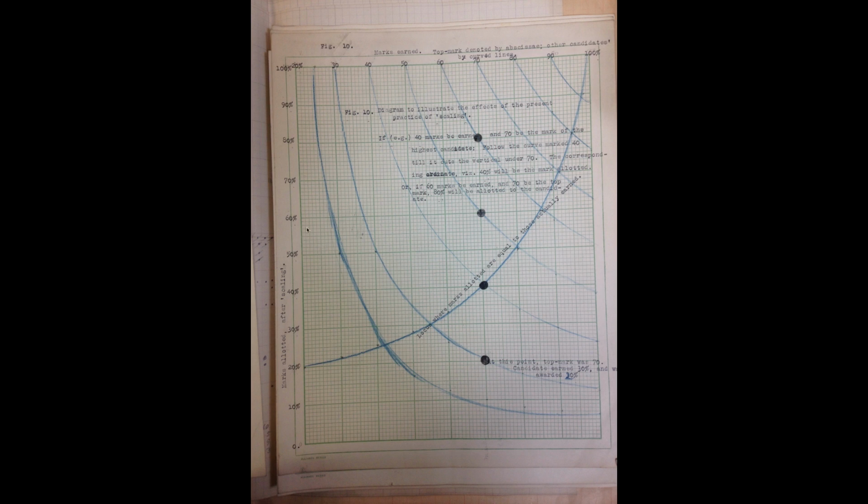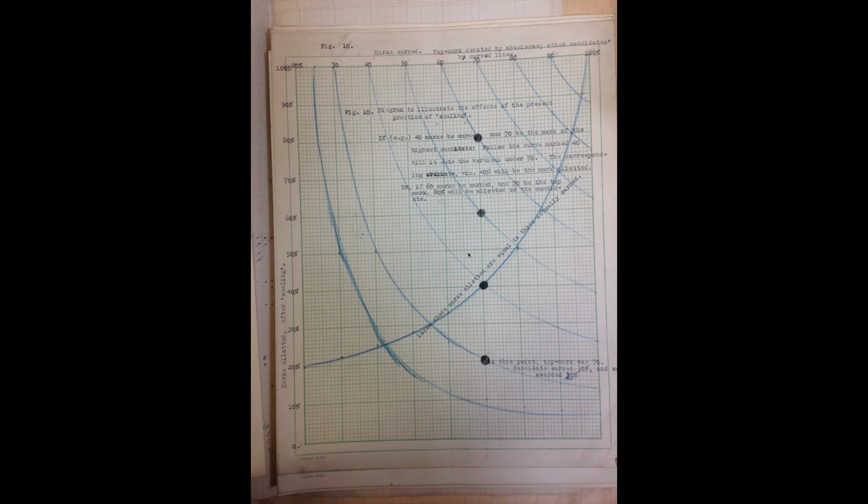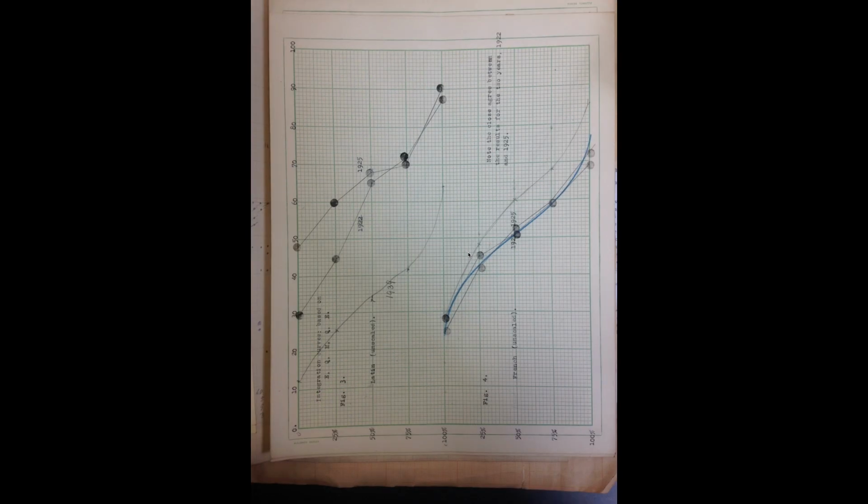Diagram to illustrate the current practice of scaling. I see. Okay. You know, that graph paper looks exactly like the kind of graph paper that I used to use in the late 1970s. 1939.